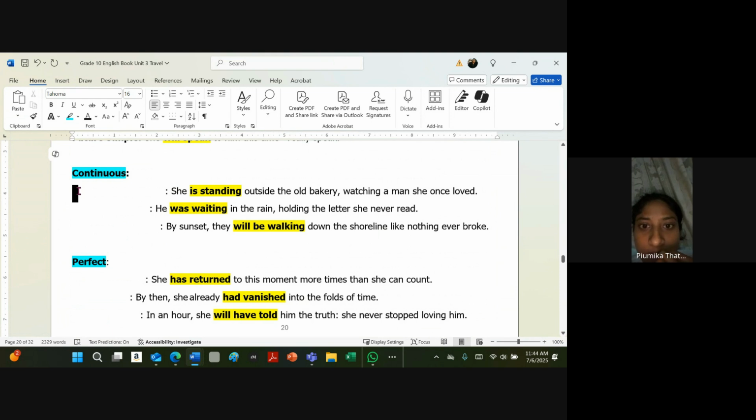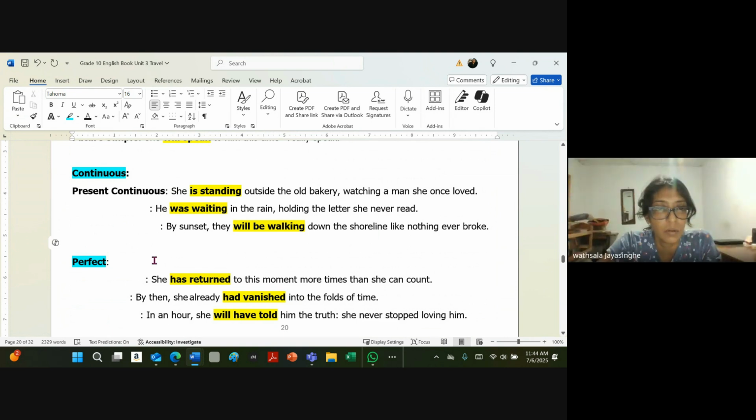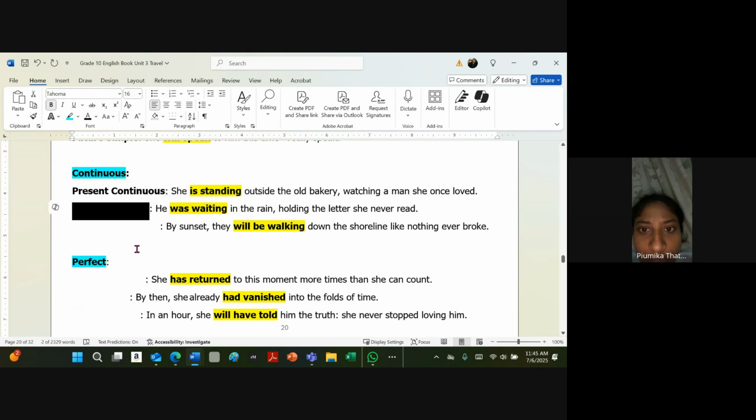Present continuous. He was waiting in the rain, holding the letter she never read. Past continuous. By sunset, they will be walking down the shoreline like nothing ever broke. Future continuous.